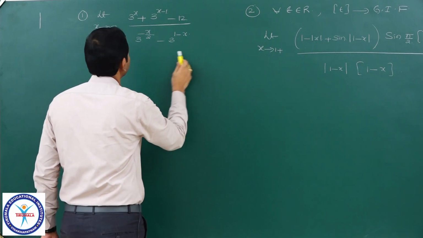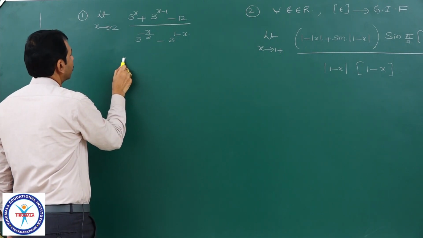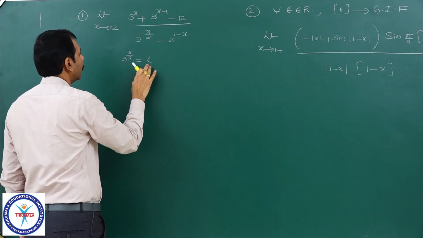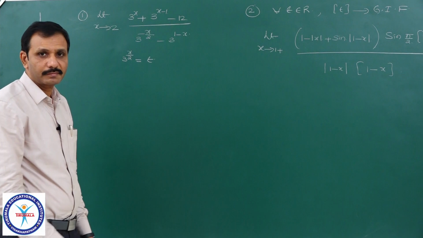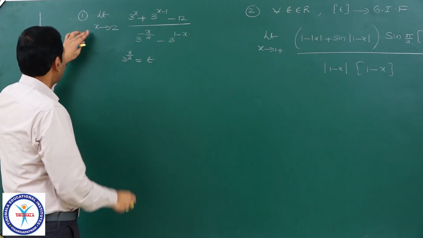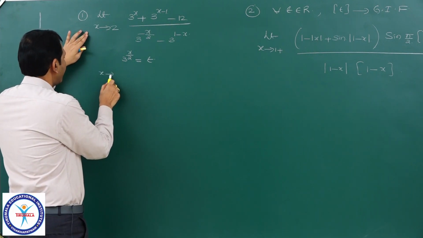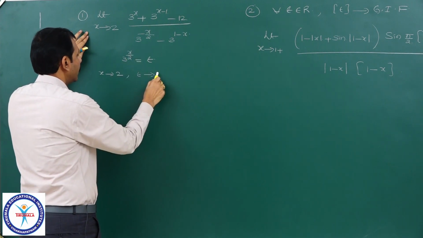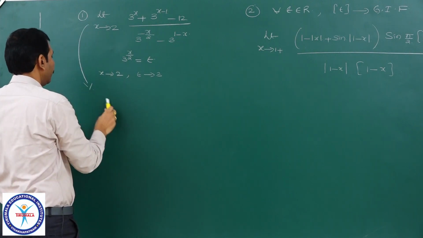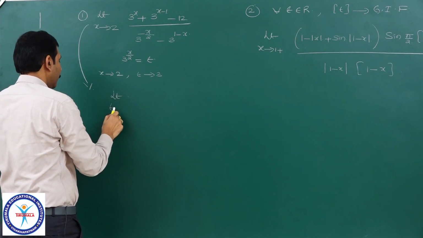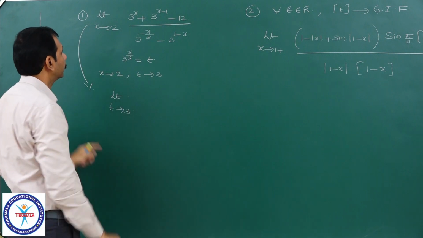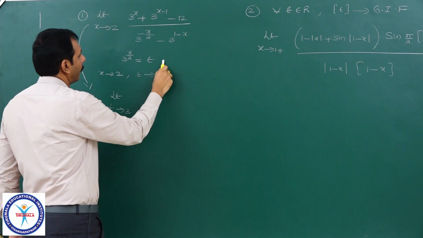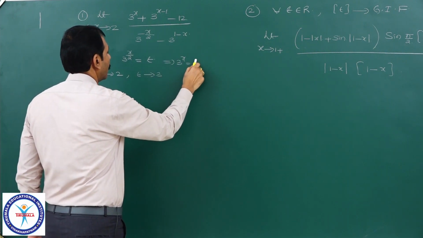Here x by 2 is there, here x is there. What I will do? I will take 3 power x by 2 is equal to some t. Now, let us observe, as x approaches 2, what about t? t approaches 2 by 2, which is 3. Therefore, for our convenience, I am writing this limit as t tends to 3. 3 power x by 2 equal to t means 3 power x is equal to t square.